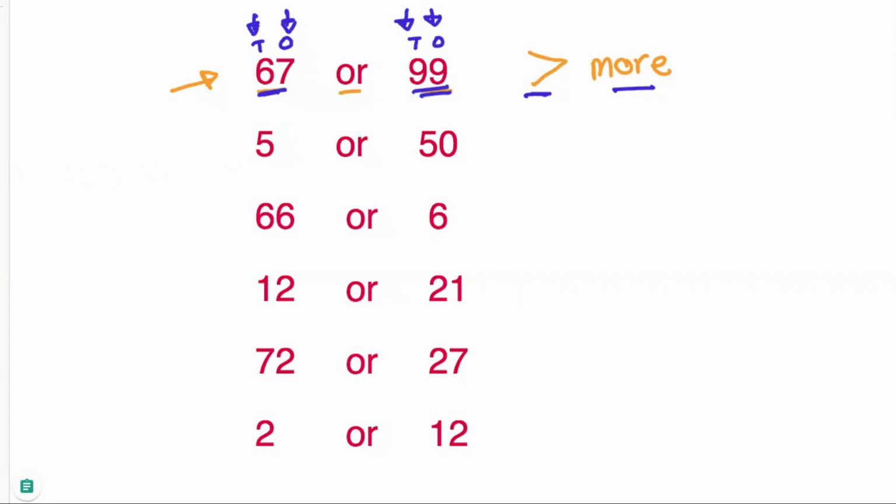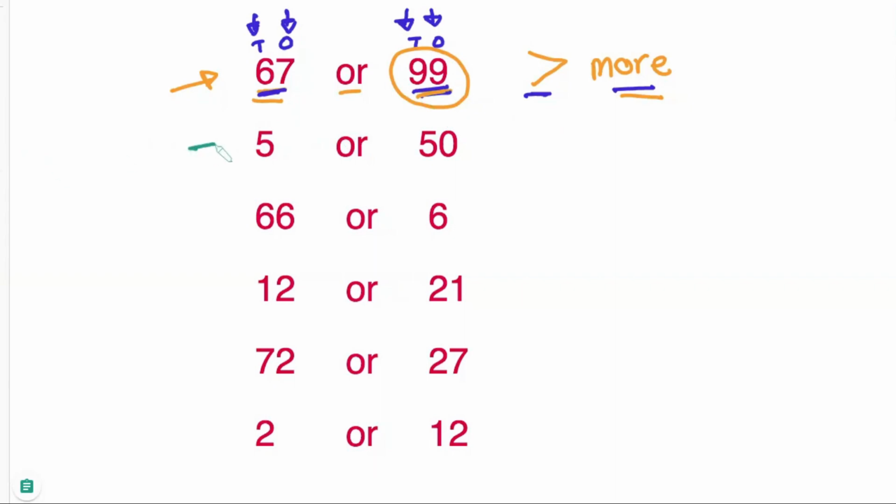Now, this one's quite easy to identify because we know that 9 and 9, both of the numbers, are higher or more than 67. So we know that 99 is the biggest number. 99 is more than 67.